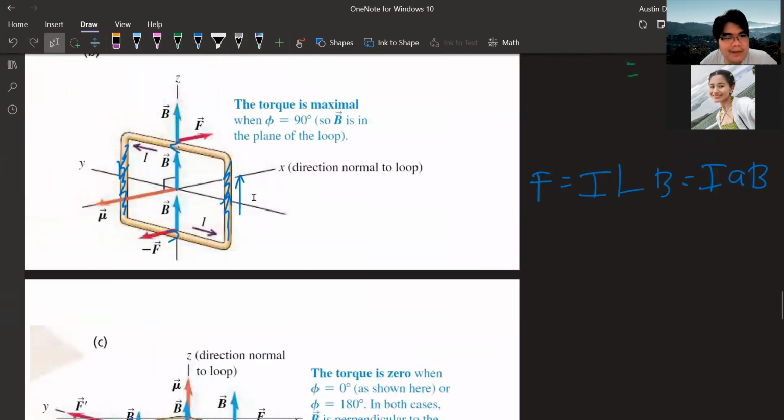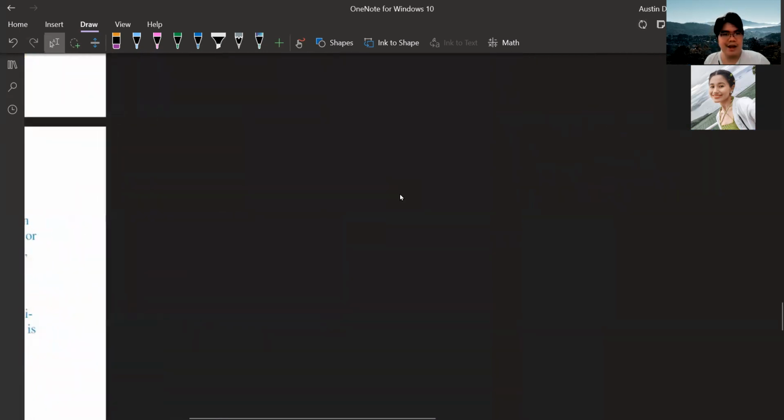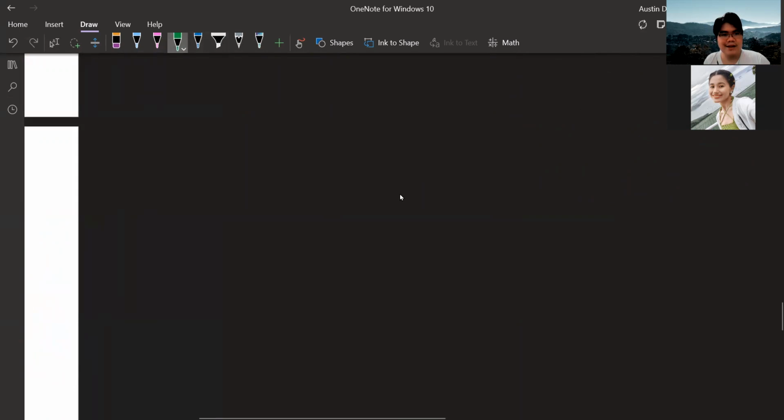Naisip ko ano ba yung tamang paraan para sabihin to. Okay, so drawing muna tayo para hindi tayo lost in life. So, i-angle ko na siya ngayon. No? Angle.